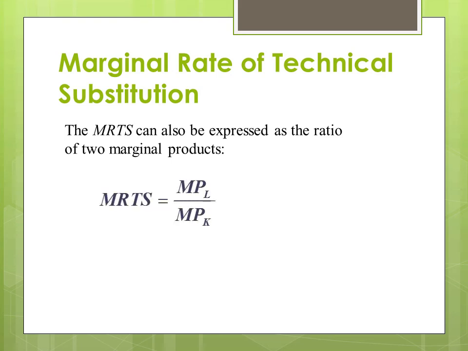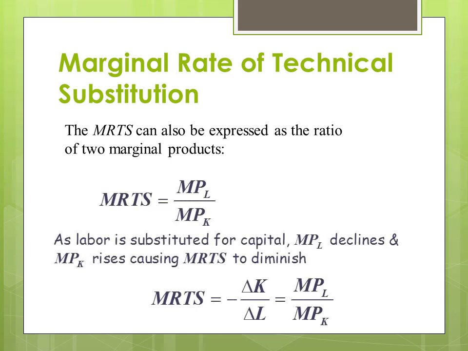The marginal rate of technical substitution can also be expressed as a ratio of two marginal products, as I discussed in previous slides: it is equal to the marginal productivity of labor over the marginal productivity of capital. Here the marginal productivity of labor is decreasing and the marginal productivity of capital is increasing.